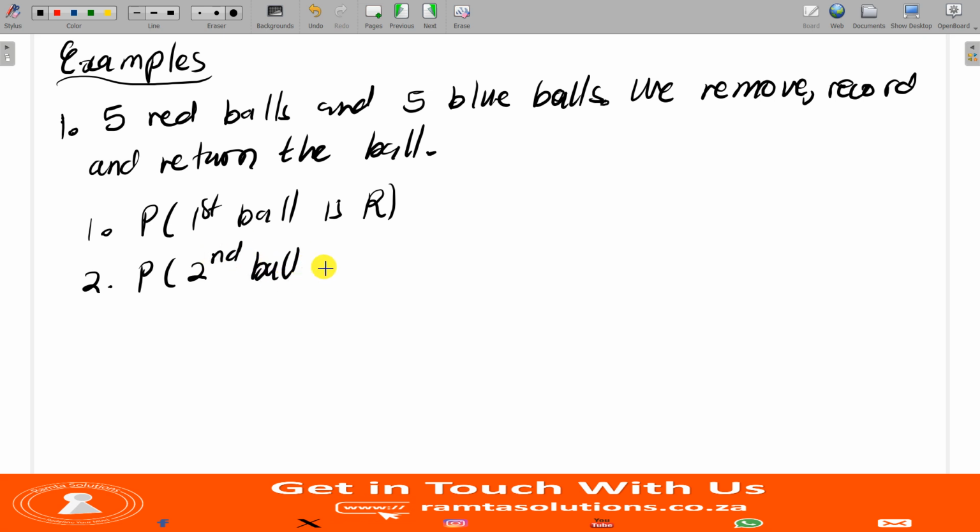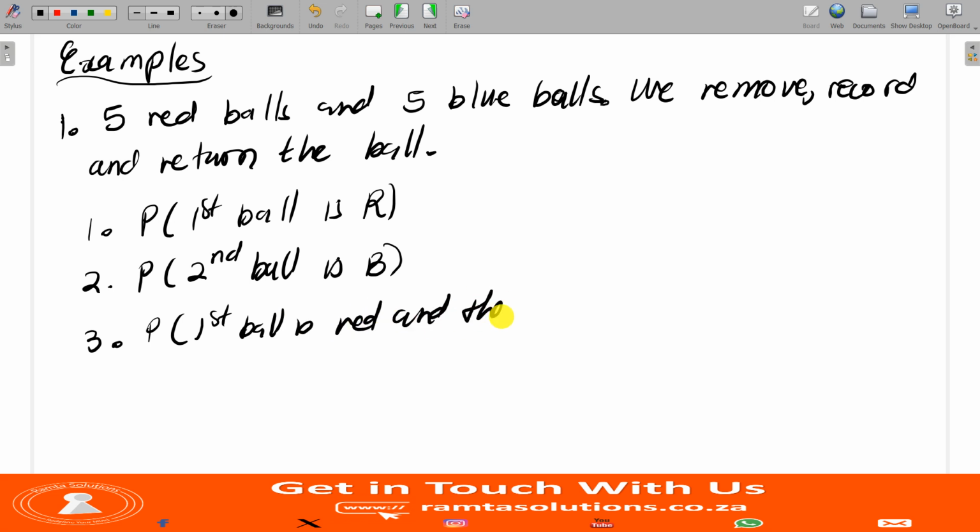Number 3, what is the probability that the first ball is red and the second is blue?